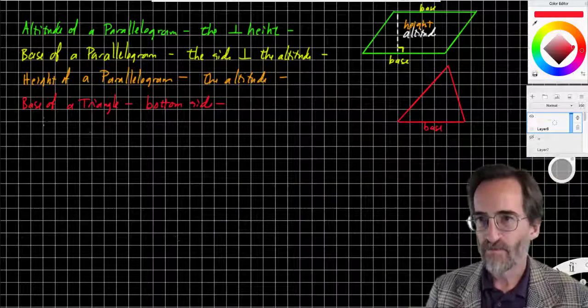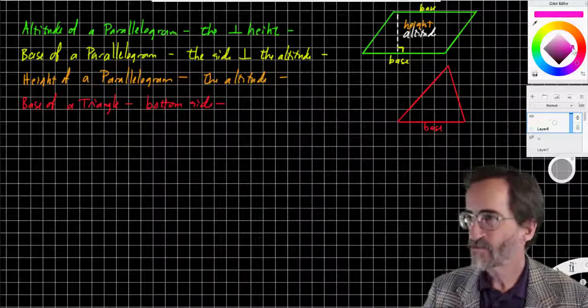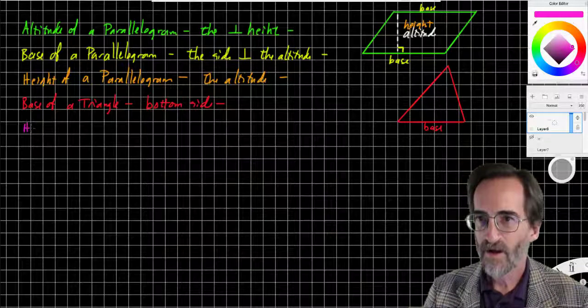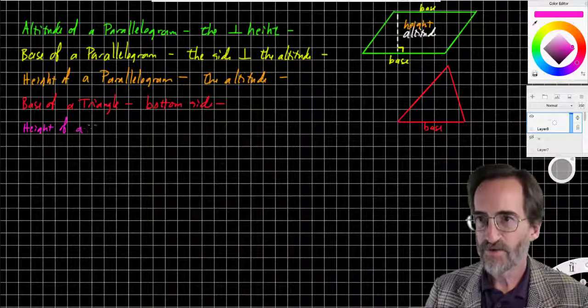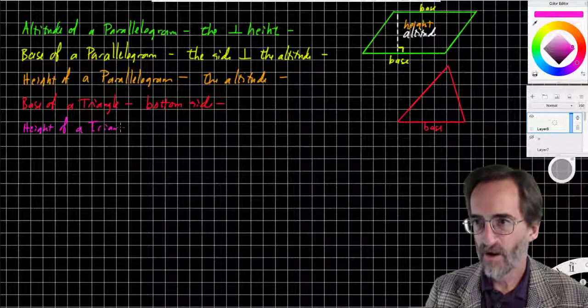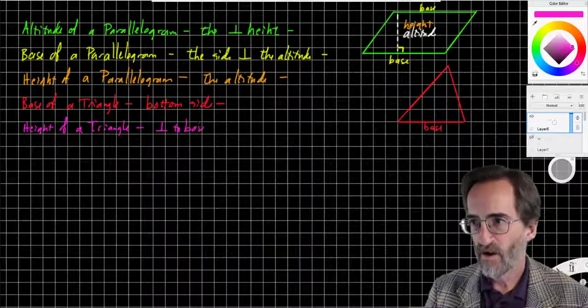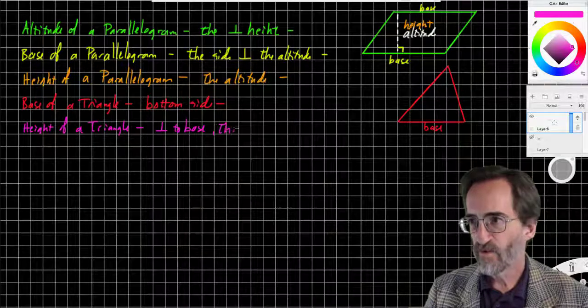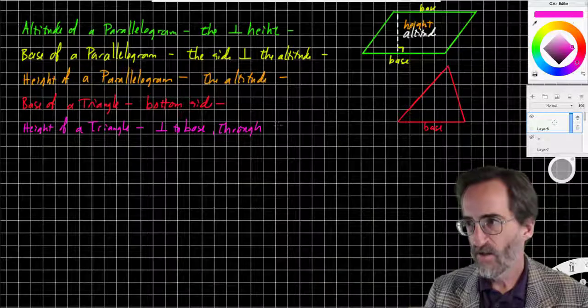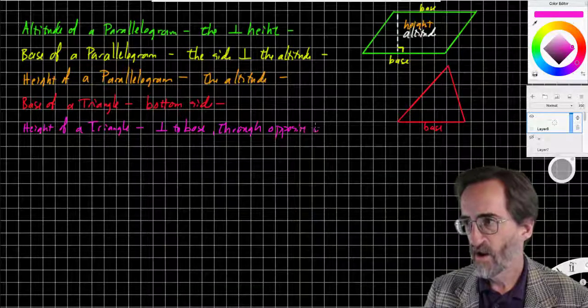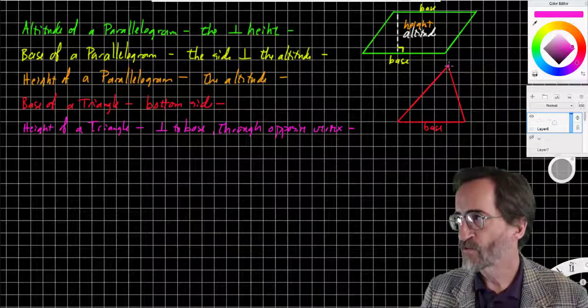Height of a triangle. Perpendicular to the base through the opposite vertex. Okay, so it goes through the opposite corner.